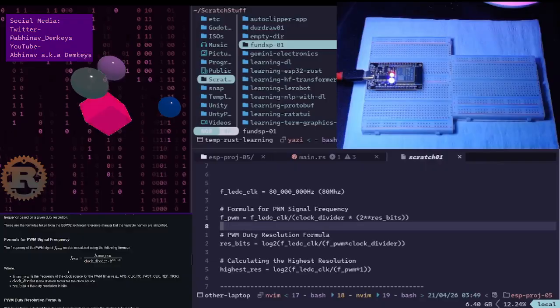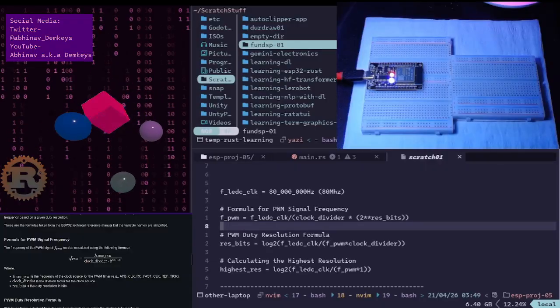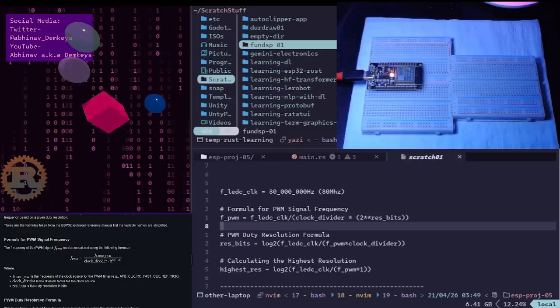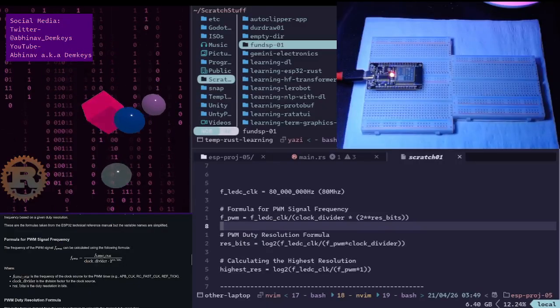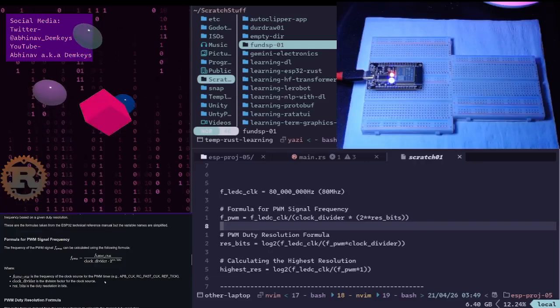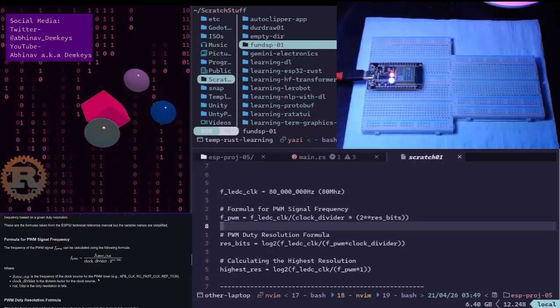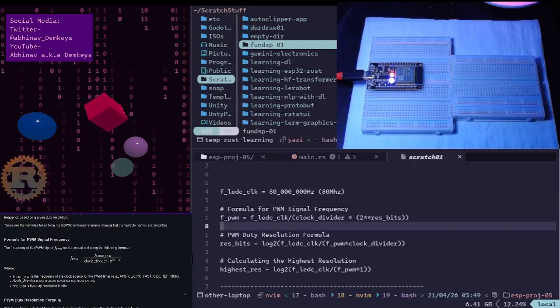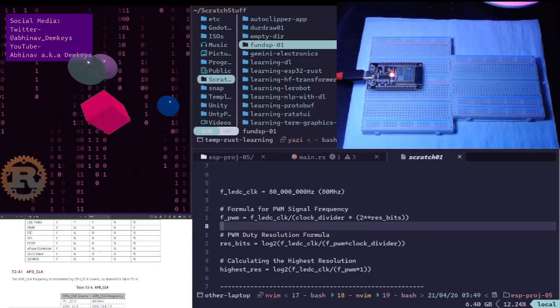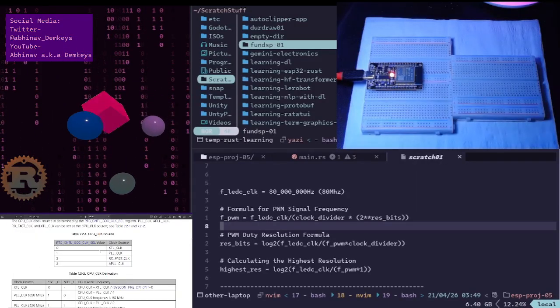I think they mentioned that we would need to specify the PWM frequency and the resolution bits, but then the LEDC clock, we don't decide that. That just comes in, and we are assuming that that's going to be 80 megahertz, but it's good to keep the timing in mind. It's good to keep all of this other logic in mind.